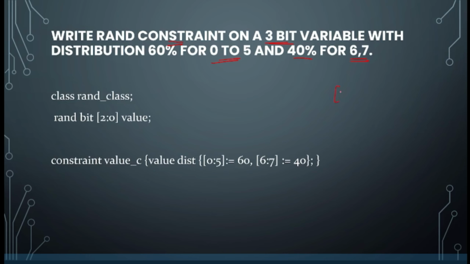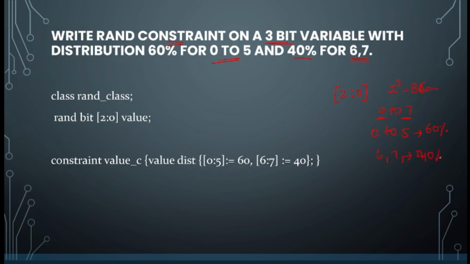A 3-bit variable means it will be from 2 down to 0, so you will have 8 combinations, that means 0 to 7. In this 0 to 7 I am putting a limitation. What is the limitation? From 0 to 5 the distribution should be 60%, and for 6 and 7 the distribution should be 40%.